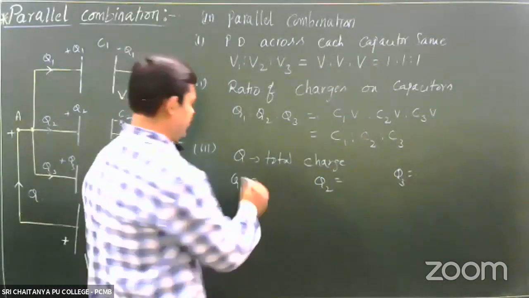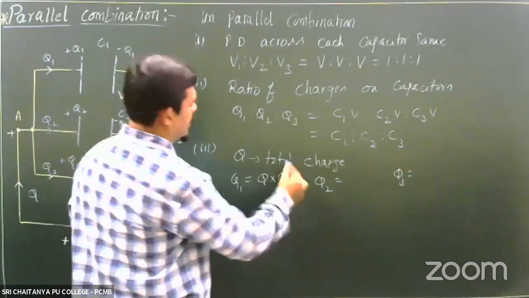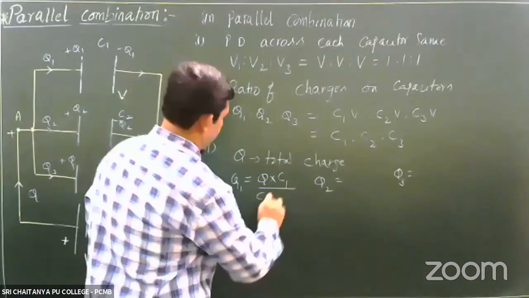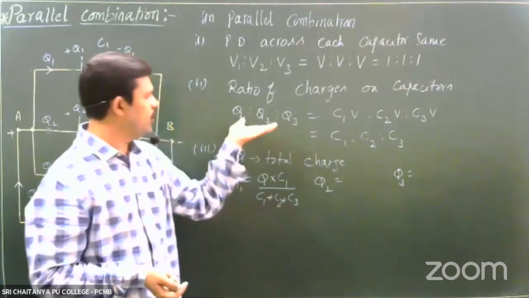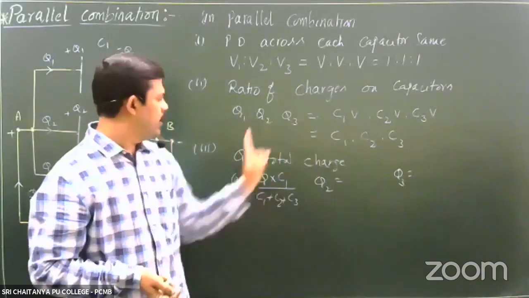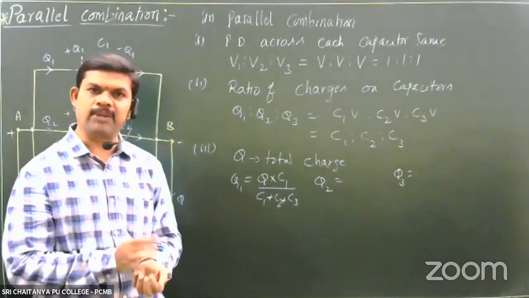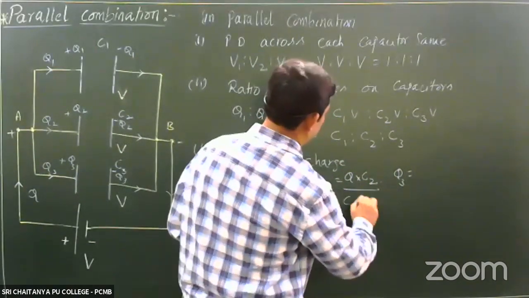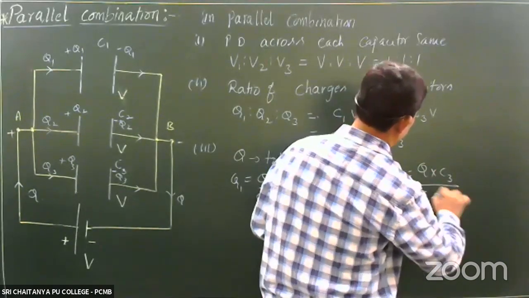Dividing the total charge in this ratio, once the ratio is given, to get Q1, it is total Q into C1 by C1 plus C2 plus C3. Direct formula you can use. In the same way, the second one, Q into C2 by C1 plus C2 plus C3. Q3, Q into C3 by C1 plus C2 plus C3.